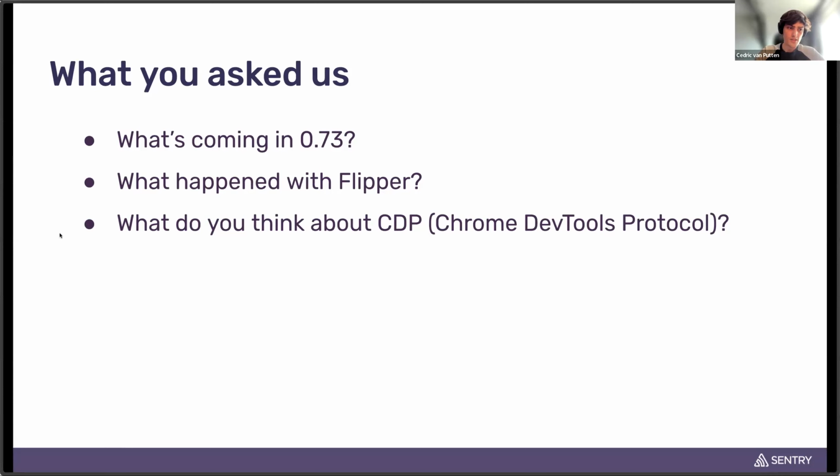So it seems like a logical next step, since we're basically trying to pull web development into native development with React Native, to also pull in the Chrome DevTools protocol. And with that, we have access to such a versatile tool that has so many different features already built in that we don't need to maintain or recreate. As long as we support the underlying structure that powers it, you can just use it.